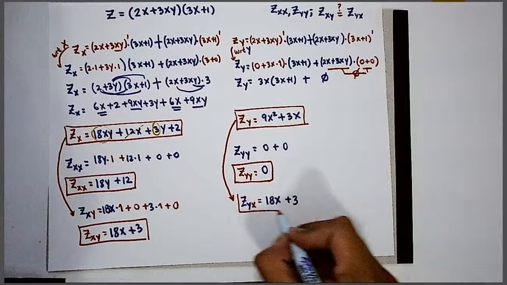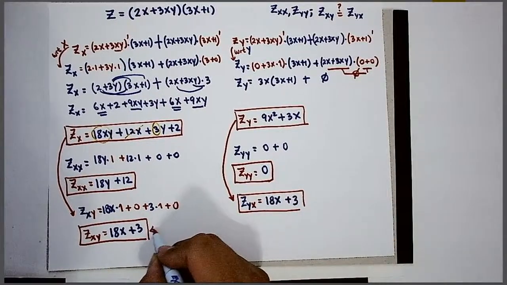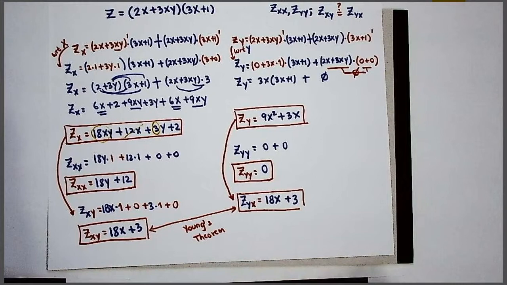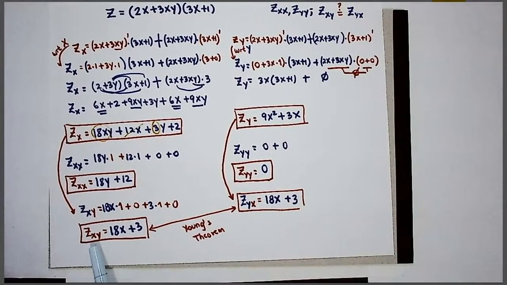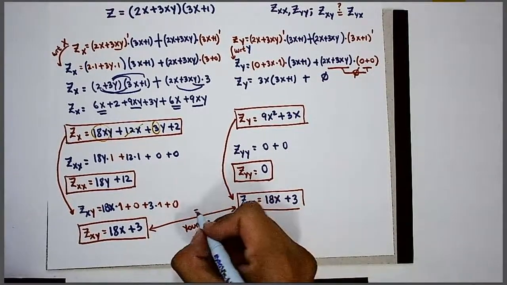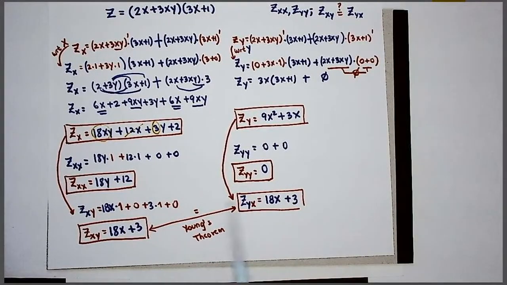And as you can see here, according to Young's theorem, the cross partial derivative will be the same no matter the order in which you take the derivative. So if you first take the derivative with respect to x and then y, it will be the same as taking the derivative with respect to y and then with respect to x. In that sense, we verified Young's theorem.